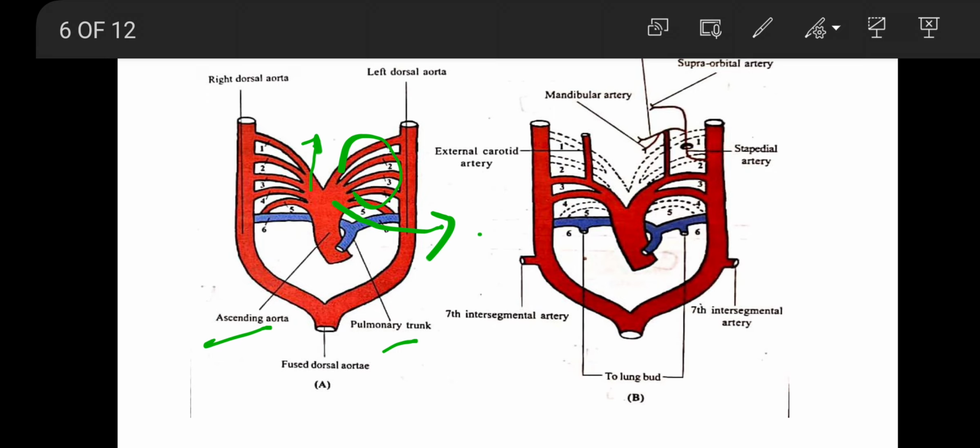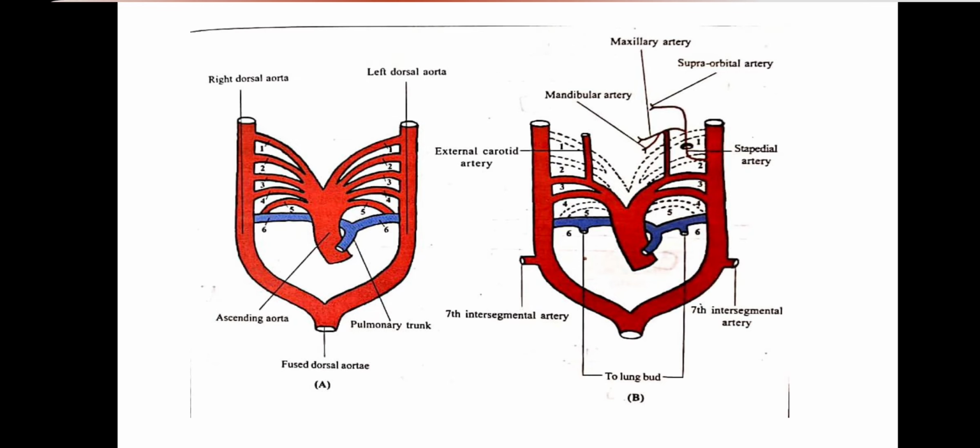Okay, so what happens is, the first arch disappears except for a small part that becomes a maxillary artery. The second arch also disappears except for a small part that remains as stapedial artery. Okay, the first arch remnant is maxillary artery. The second arch remnant is stapedial artery.